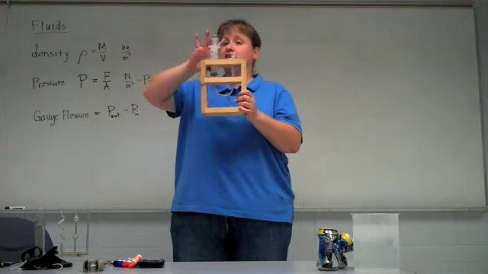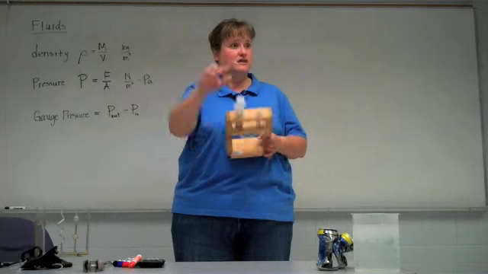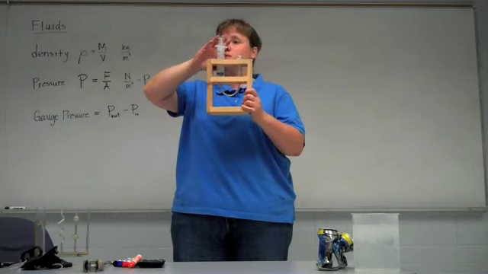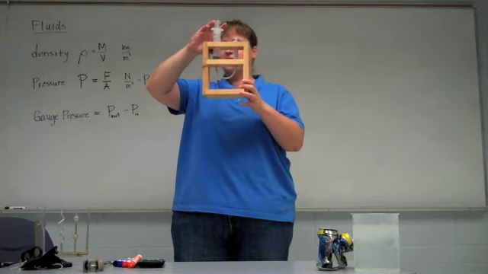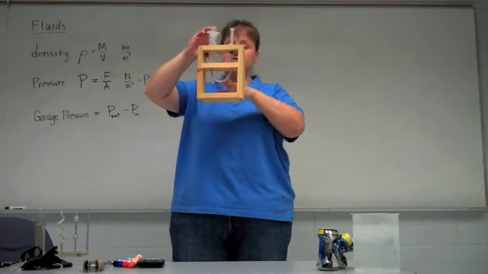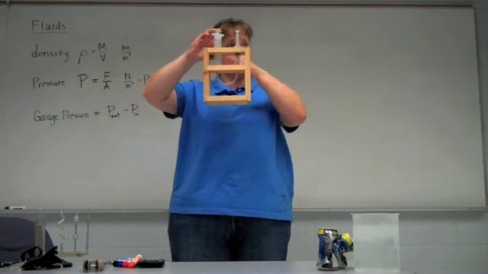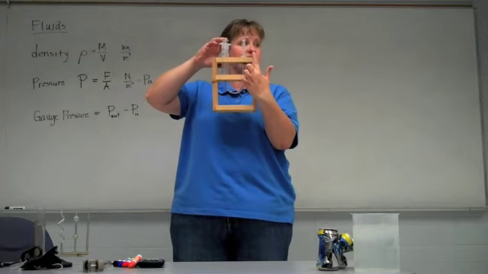If I exert an additional pressure, so I'm going to apply a force over that area, the force over the area exerts a pressure, and that pressure is transmitted down to the air in here. As I push on this, the other side goes up. That's because the pressure is transmitted uniformly throughout the entire air that's in there. So the pressure ends up pushing up on this side.